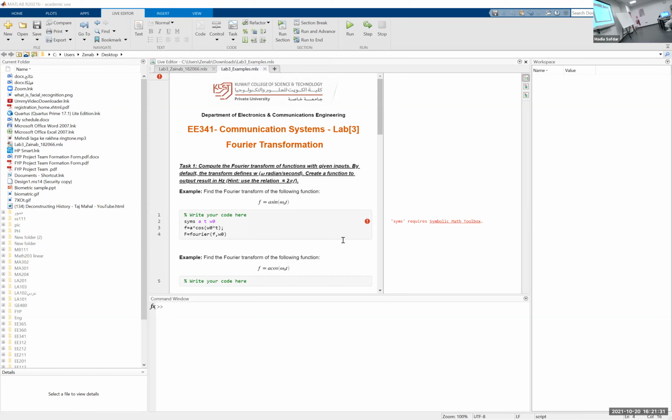So this is the problem. You have to download this symbolic math toolbox. You have to install it. This will not run well. So maybe during my office hours, if you can come, I can help you. Because you have to install a program, then it will run.